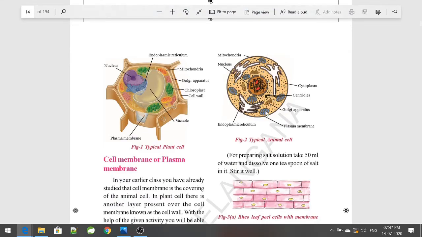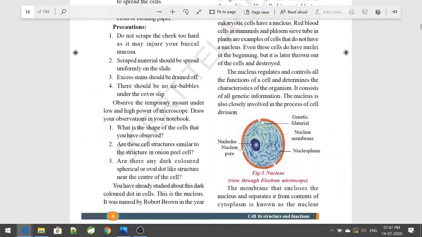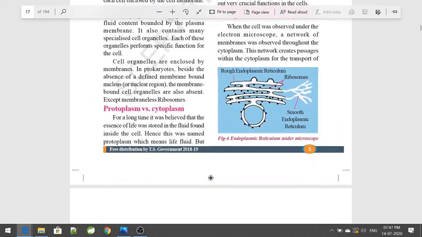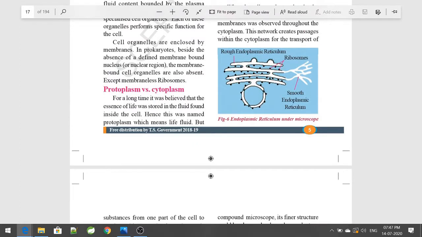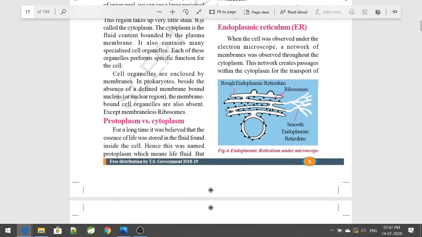These all things we can only see when we take a section. Otherwise we can only see it in a bean-like form, mitochondria. When we open it, how will it be? If we cut the mitochondria, we can see what is present inside the endoplasmic reticulum, mitochondria or chloroplast, everything.